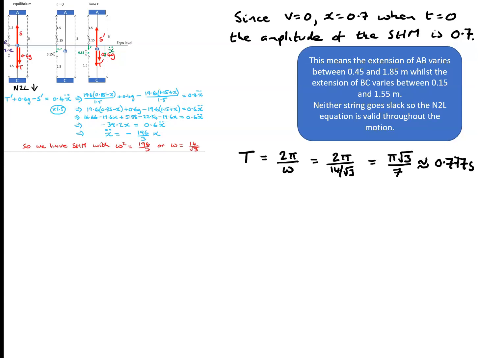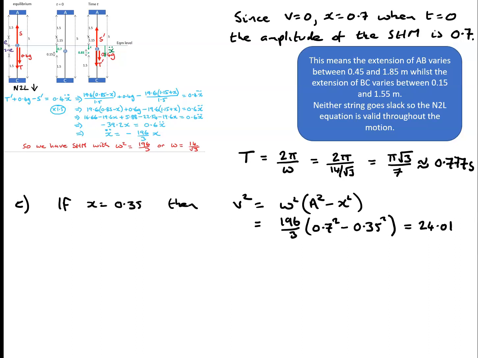The period of this motion is going to be 2 pi divided by omega, which is 2 pi divided by 14 upon root 3. So that is pi times root 3 divided by 7, or roughly 0.78 seconds. If we want to find out the speed when x is equal to 0.35, then we've got v squared is equal to omega squared times a squared minus x squared.